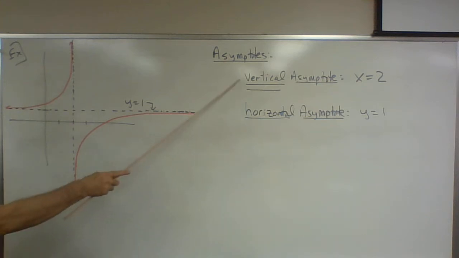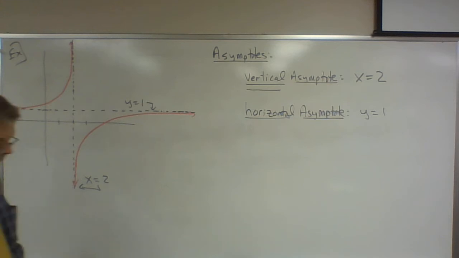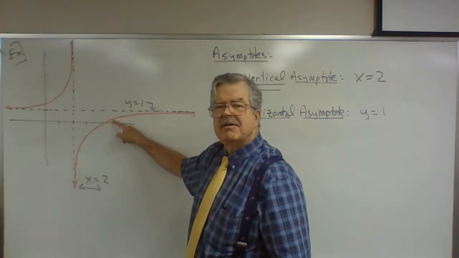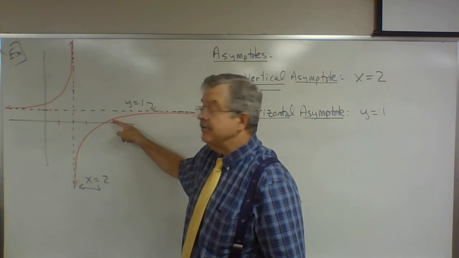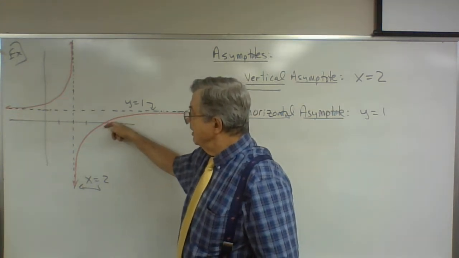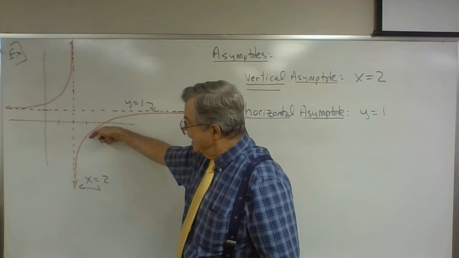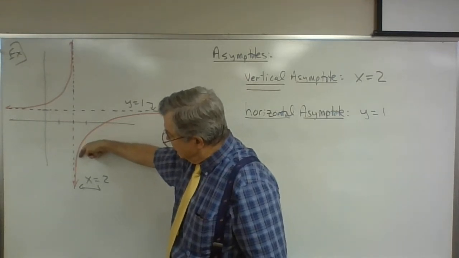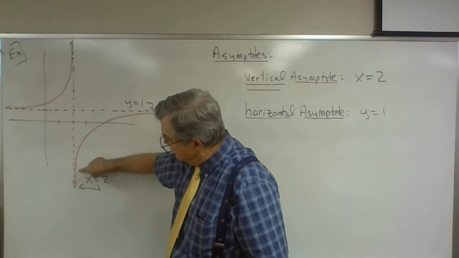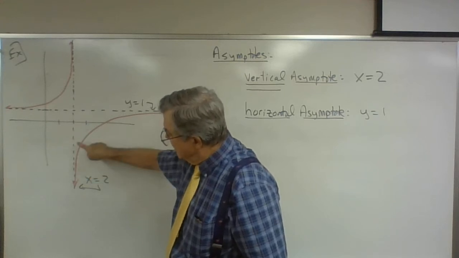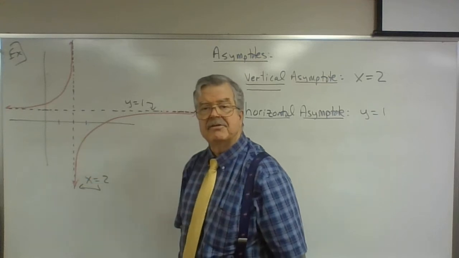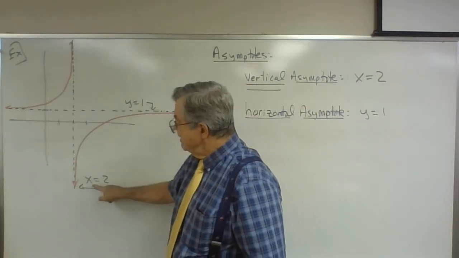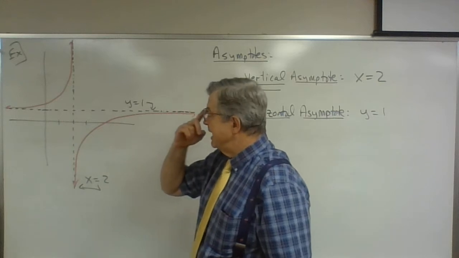Now, what about the verticals? Suppose that I start on this same exact point, but I go in the opposite direction. I'm moving along the graph in this direction now. And as I do, the graph gets closer and closer and closer to this vertical line x equal 2. That means that the line x equal 2 is a vertical asymptote.